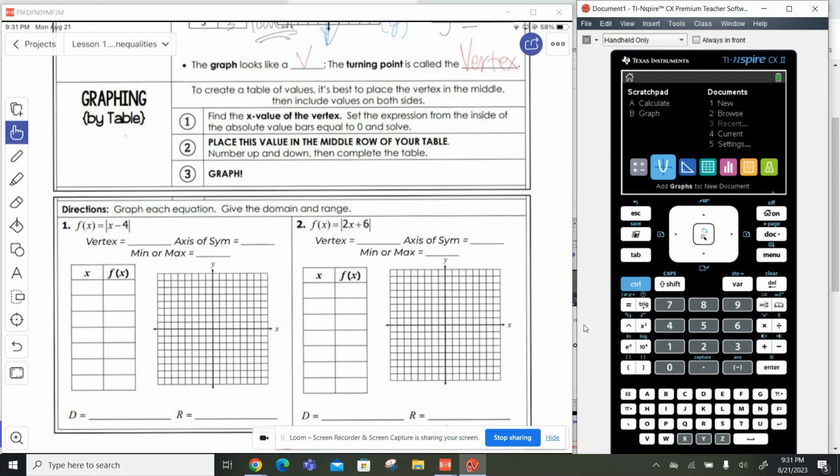This time, we're going to combine doing it by hand and the use of the TI-Nspire calculator to save time. So, step number one, find the x value of the vertex. The term inside the absolute value is x minus 4, and we're going to equate that to 0. Now we solve for x by adding 4 on both sides.